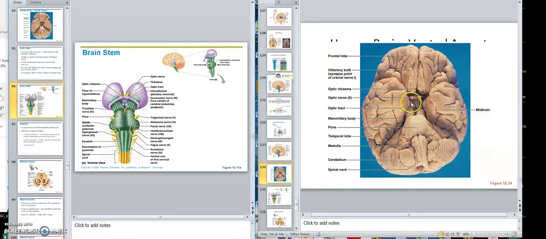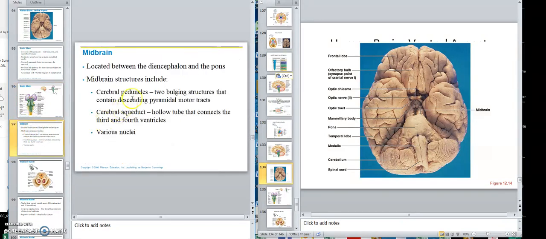Okay, so see right here, remember I was showing you this right there? See, because right here's the pons. That's the pons. So right there would be those peduncles you're sitting on, right there. Okay, these are the mammillary bodies right there. Okay, which would be these things right here.